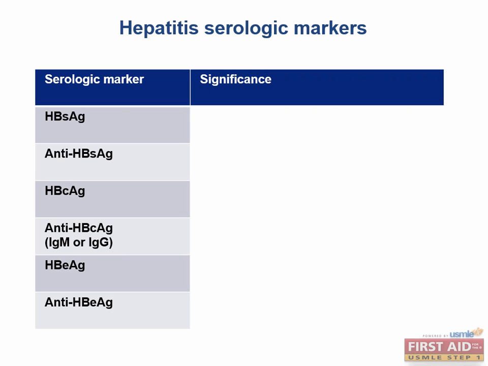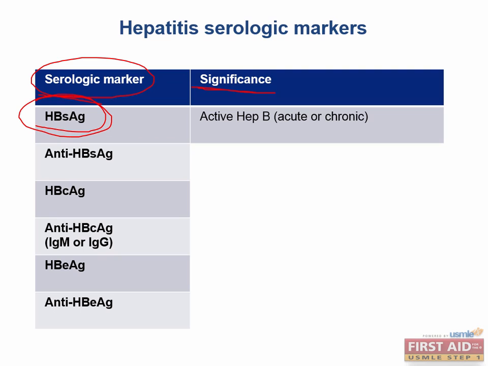Now let's go through the serologic markers one by one and discuss their significance. Like we just mentioned, hepatitis B surface antigen is the surface antigen found on the hepatitis B virus. There are not many things that are black or white in medicine, but if the surface antigen is measured in the patient's blood, this patient has an acute or chronic active hepatitis B infection, period.